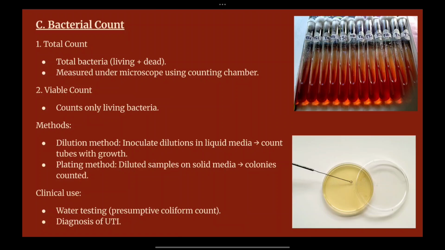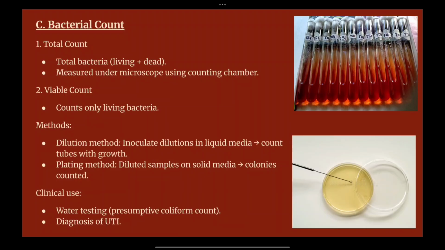In the dilution method, the liquid media containing bacteria is diluted, and the count of the tubes with growth is determined. Here the liquid medium which has the bacteria inside it is diluted, and the number of times the bacterial count has reduced is noted.